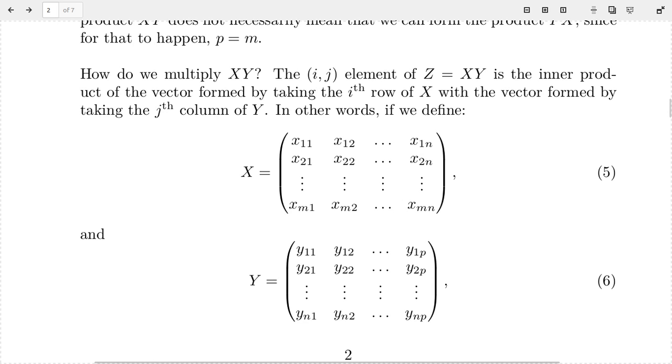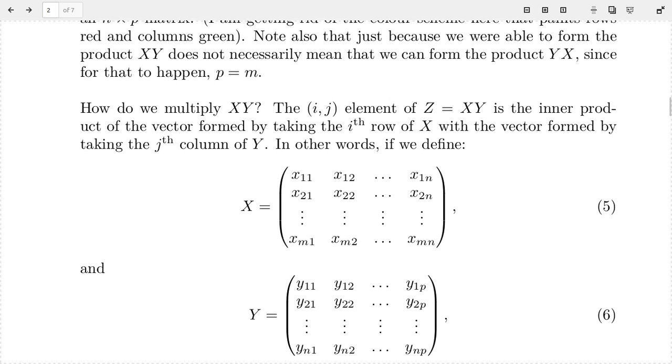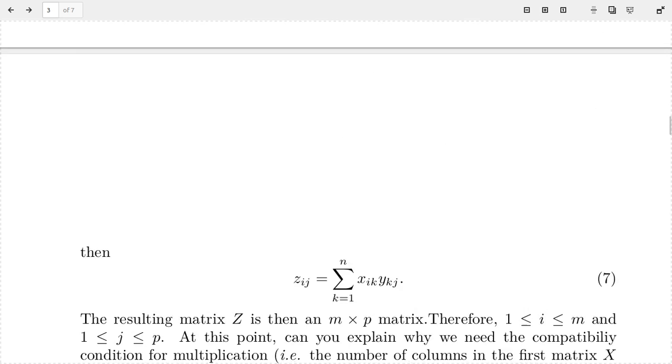So the number of columns in X equals the number of rows in Y, therefore we can perform the multiplication XY. And the result, as we shall see, is going to be an m by p matrix.